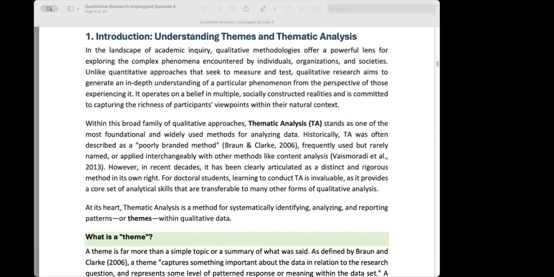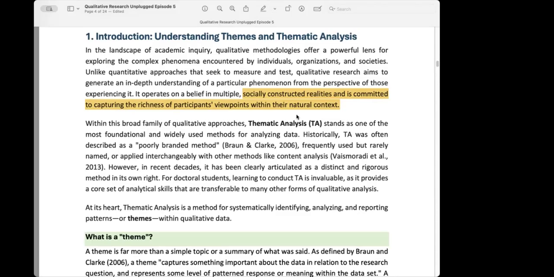Instead, it acknowledges multiple realities, often socially constructed ones. Which is fundamental. Reality isn't monolithic. Yeah, it's a commitment to capturing the richness of human viewpoints within their natural context. It makes it an incredibly powerful tool, I think, for uncovering nuanced understandings that quantitative methods, just by their nature, might completely miss. It's about answering those how and why questions.